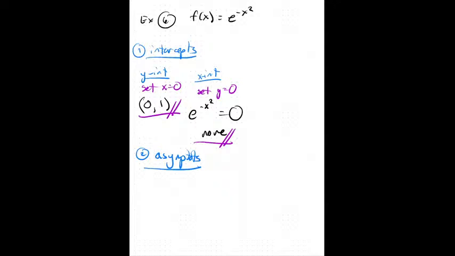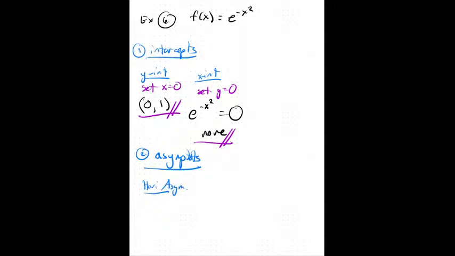So there's no vertical asymptote. Let's just see if there's a horizontal. Now, normally the horizontal goes off to the left. I'm going to see what happens as x goes off to positive infinity. So I want to consider the horizontal.